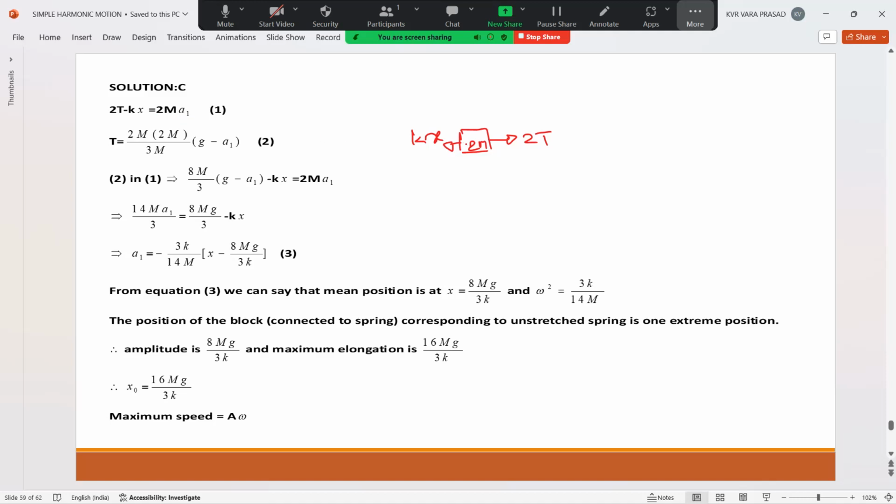Now, to find tension, I'm using the result which we got in the case of the Atwood machine.